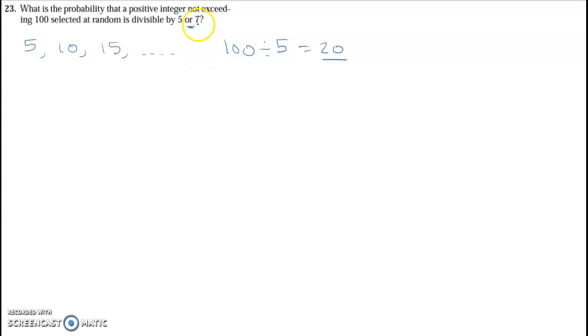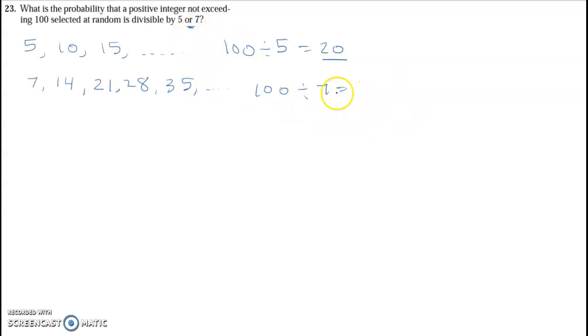All right, so what about a number that is divisible by 7? We can start to list them out. It's going to be 7, 14, 21, 28, 35, and so on. Again, we can divide to find the number of these numbers that are divisible by 7.